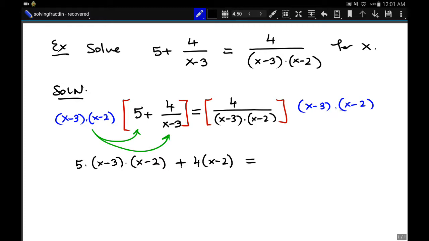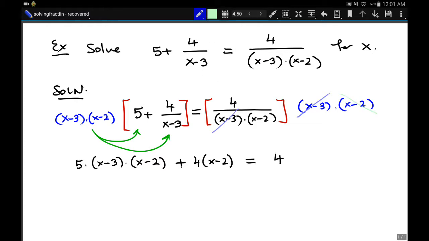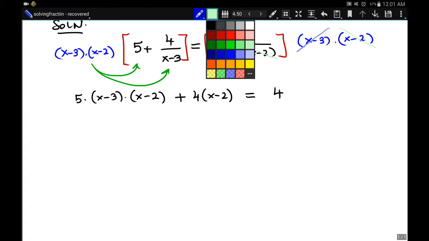On the right, if you just multiply this, you just get 4. These will cancel out. So in a sense here, x minus 3, x minus 3, and x minus 2 will cancel out.